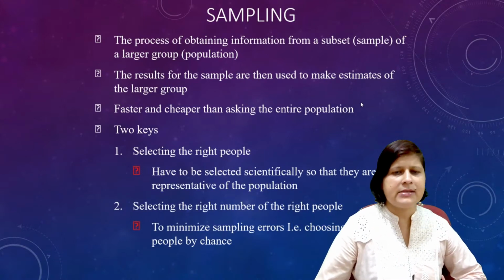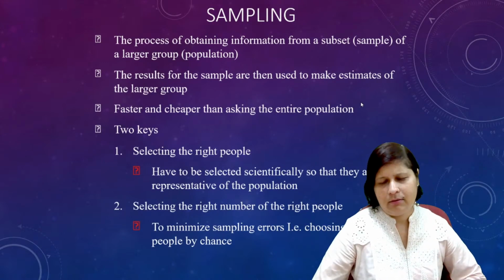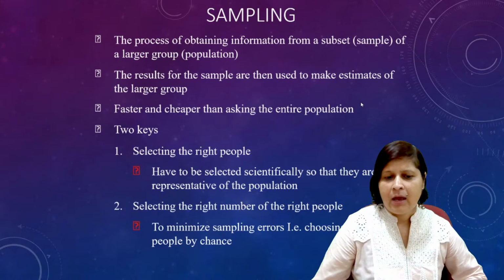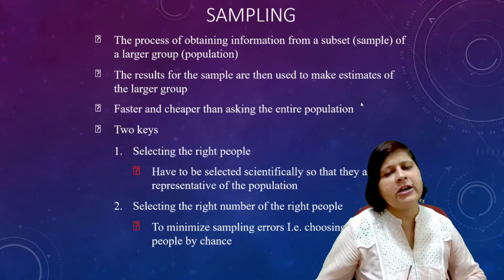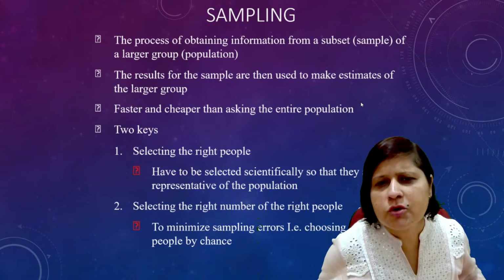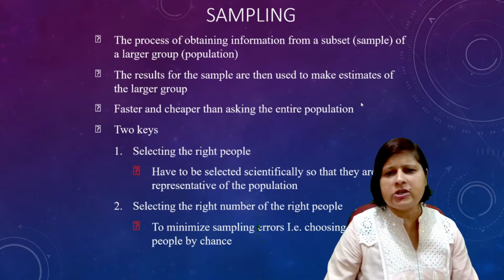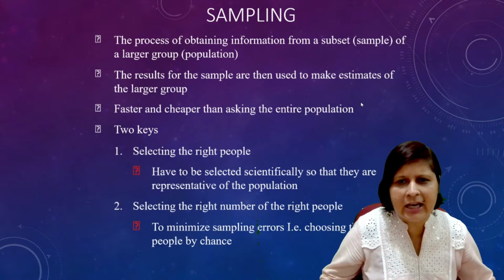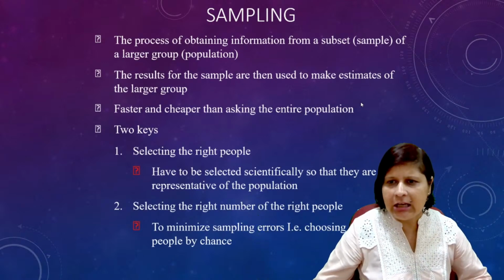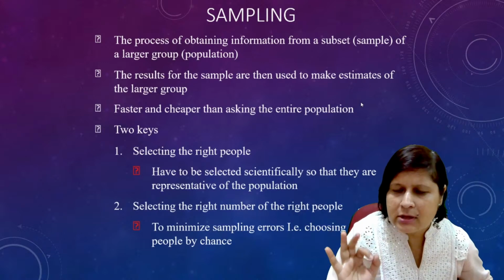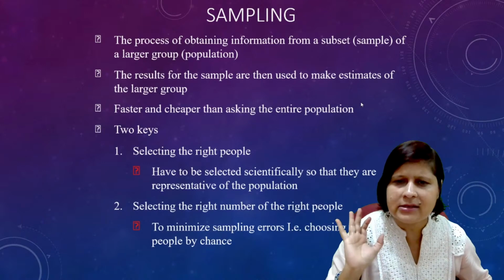There are two keys while you are selecting a sample. Selecting the right people is very important. They have to be selected scientifically so that they are representative of the population. You cannot choose anyone for your study. If your population is teenagers, that is 13 to 19 years of age, then the person you are choosing as a sample for your study should fall under this category.